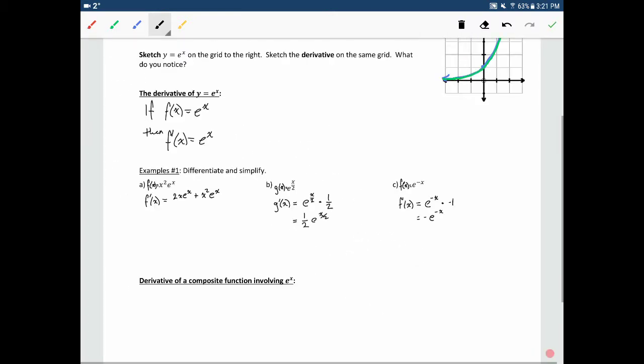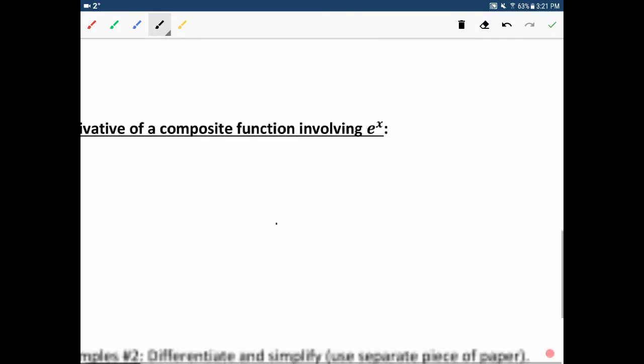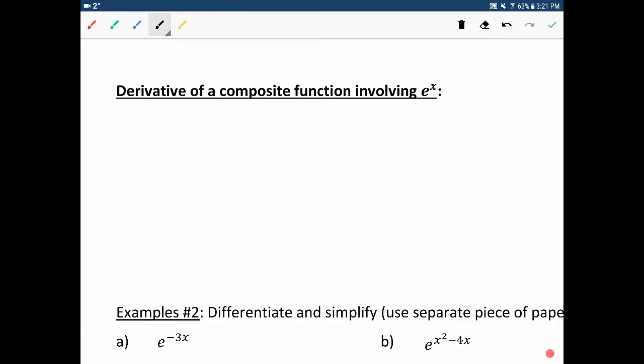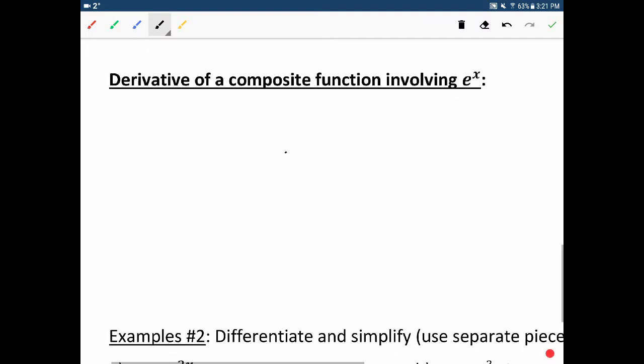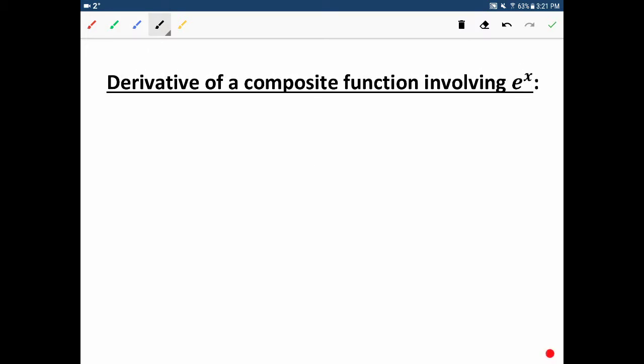So that's the rule for composite functions. This is when instead of an x you have another function. Again, it's just the chain rule. It's no different.